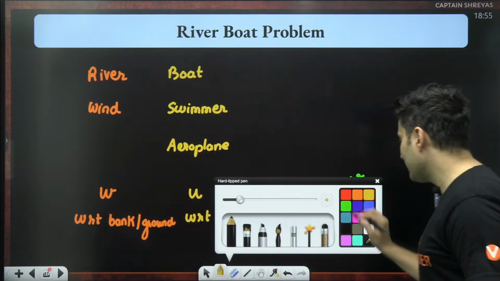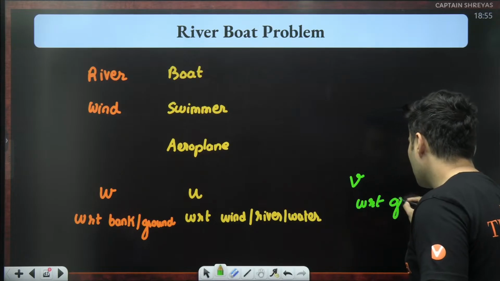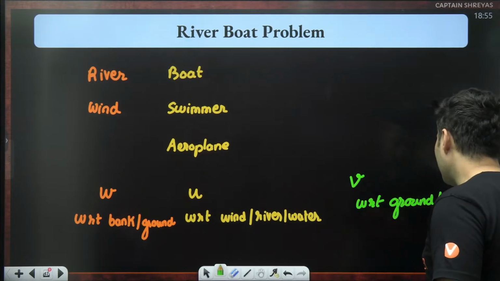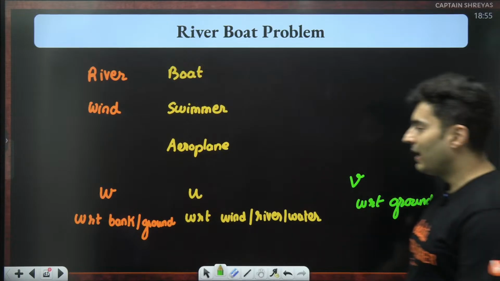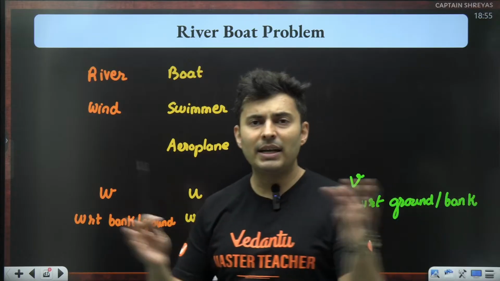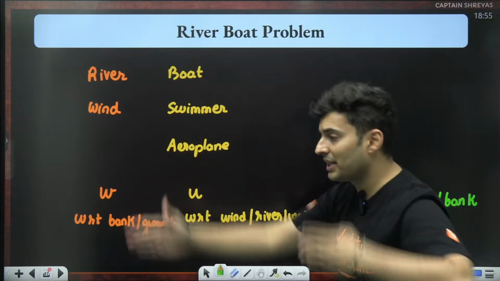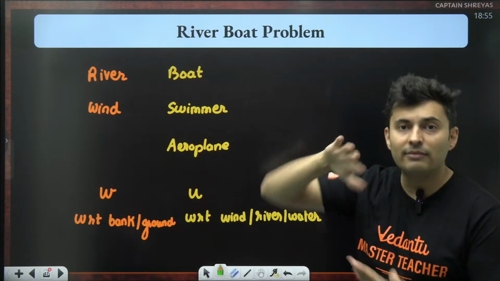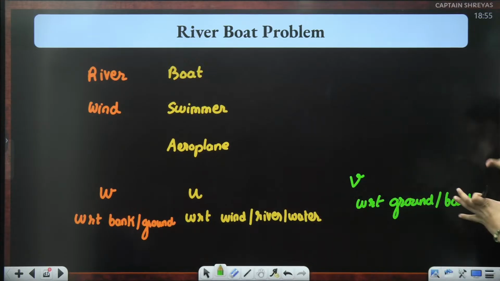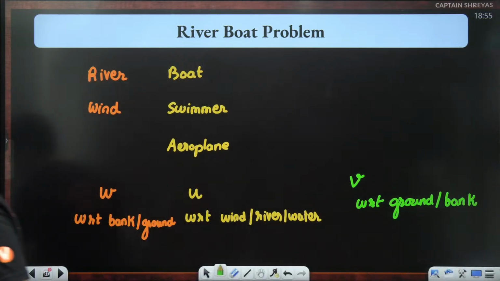Then our final speed v will be with respect to the ground, or basically the bank. So we have w, which is wind speed, water speed, etc. Then we have the swimmer speed with respect to the water or the aeroplane speed with respect to the wind. And lastly, v is the velocity with respect to the ground or the bank. So W, U and V. Till this point, is it clear?